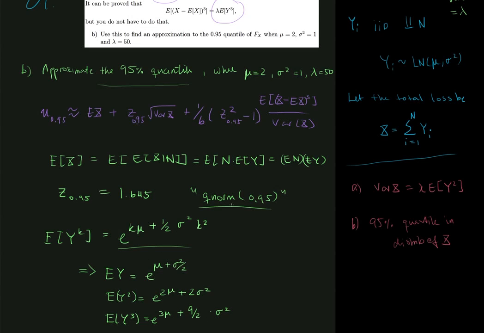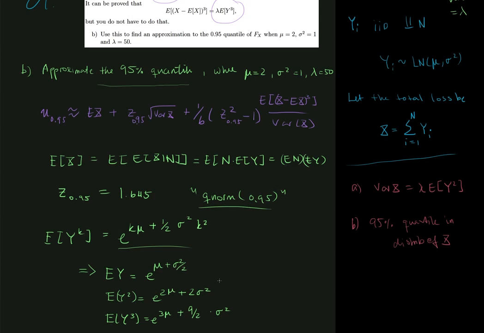So we have these three different moments here, and we can take our numerical values, mu equal to 2, sigma squared equal to 1, and plug that in here, and then we get certain numerical values.